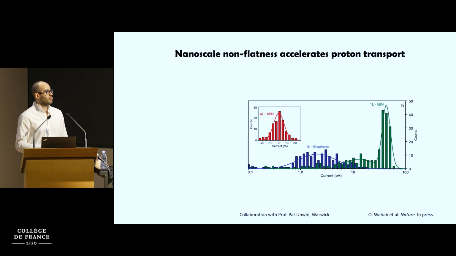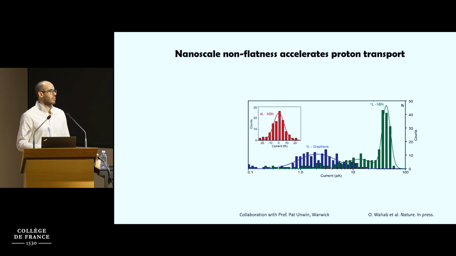And we see for hexagonal boron nitride a bimodal distribution. You see high current, and this mode here corresponds to the pixels around wrinkles. And these pixels here are away from wrinkles. So what we see is that proton transport is strongly accelerated around the wrinkles.